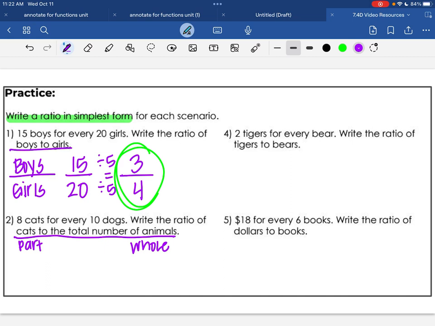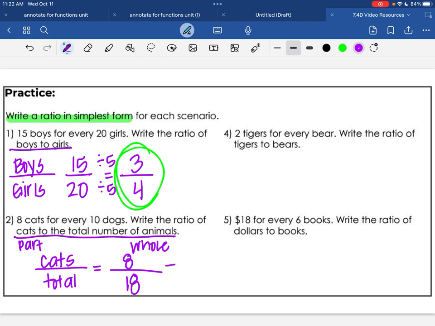So when I write my ratio, they're asking me to compare cats to total. And it tells me that for every 8 cats, there are 10 dogs, which means if there's 8 cats and 10 dogs, then total there is 18 animals.